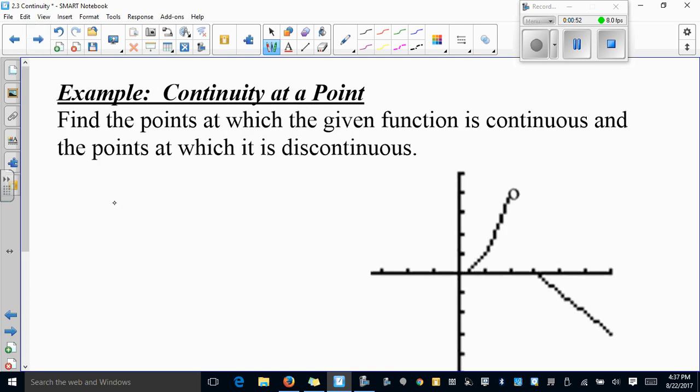So on this one, find the points at which the given function is continuous and the points at which it is discontinuous. So we're going to start with continuous. This means that the ends must have a closed circle, a bracket. So this line comes down.